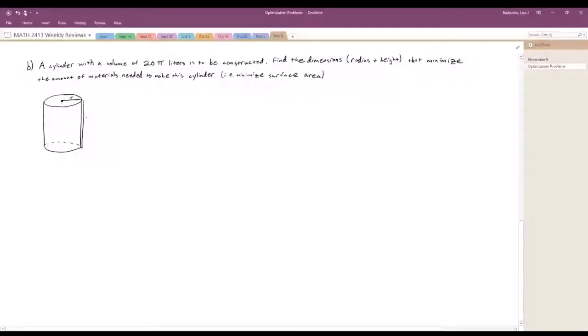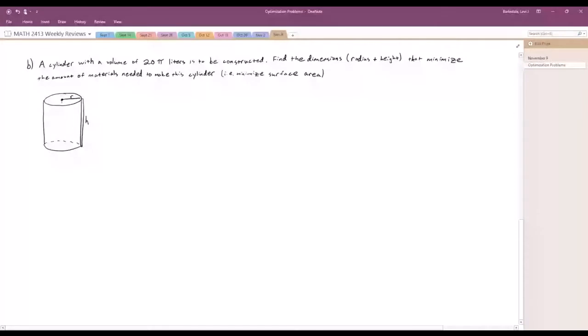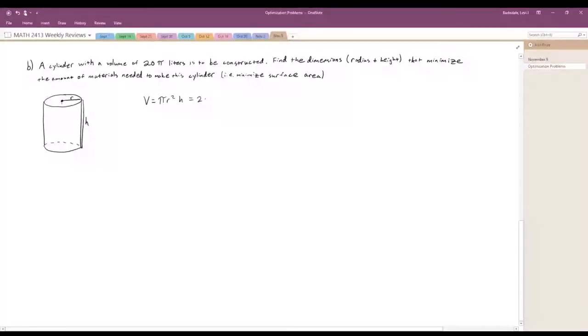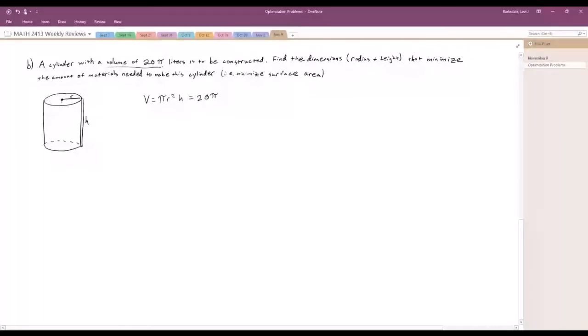I'm going to call those R and H. And I know that the volume of my cylinder, which is equal to pi r squared h, should be equal to 20 pi. That is given. Volume of 20 liters. And I am trying to minimize the amount of materials needed, or in other words, minimize the surface area of this cylinder.